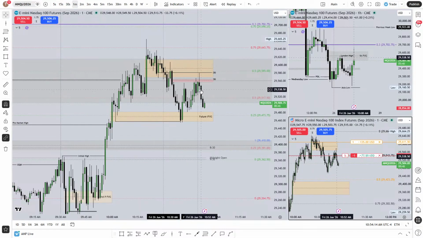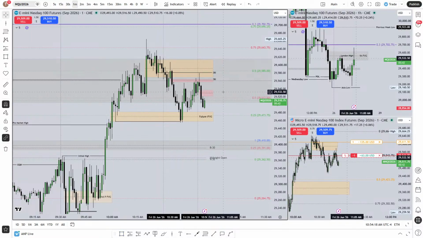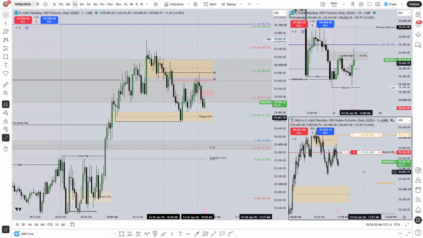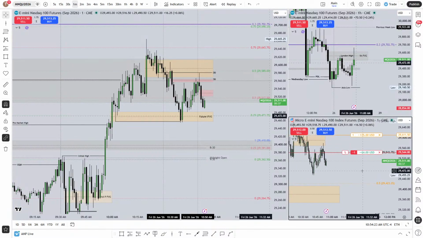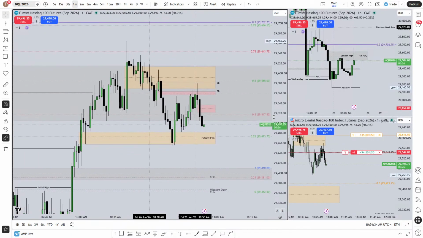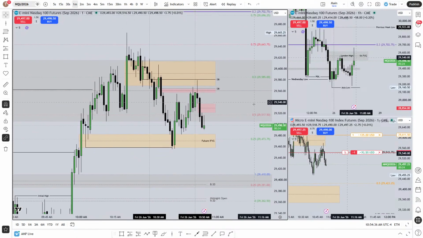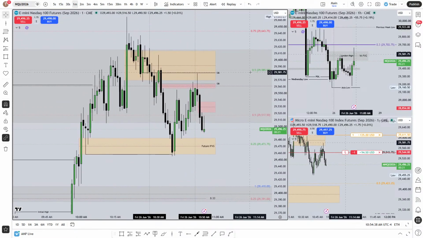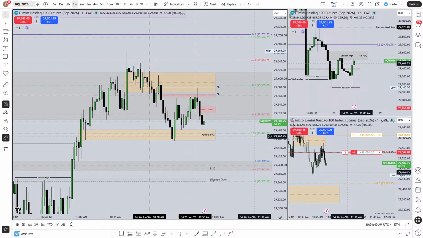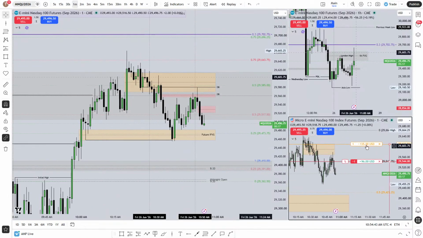Looking at this gap right here. What would my risk be if it was right here? 75.